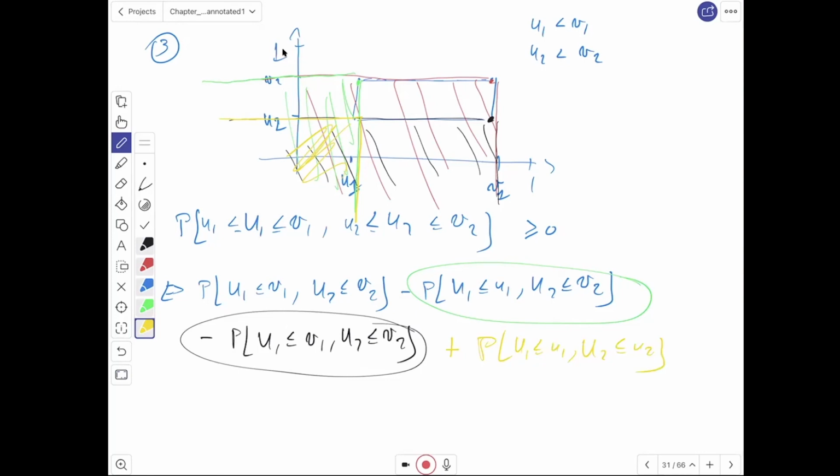And then we have 4 times the joint CDF, which is given by the function C. So this probability should be larger than 0. So you find the following condition for your function C. It's C(V1, V2) minus C(U1, V2) minus C(V1, U2) plus C(U1, U2).